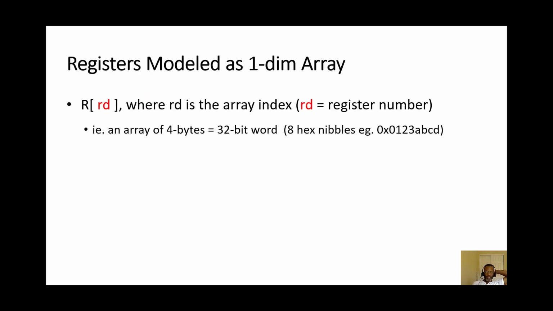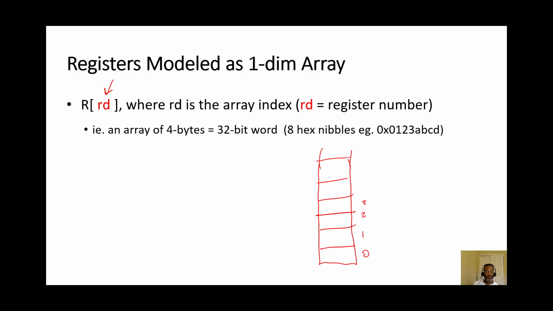Just like memory, registers are modeled as a one-dimensional array. So with registers, we have 32-bit registers, but we also happen to have 32 of them. Which one of those registers we select is going to be based on an index. So we're going to use this memory model similar to arrays, and we're going to use that to access various registers.